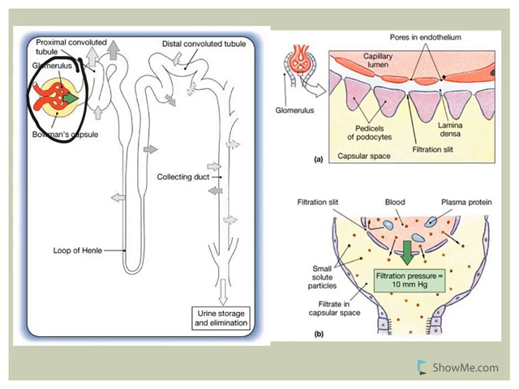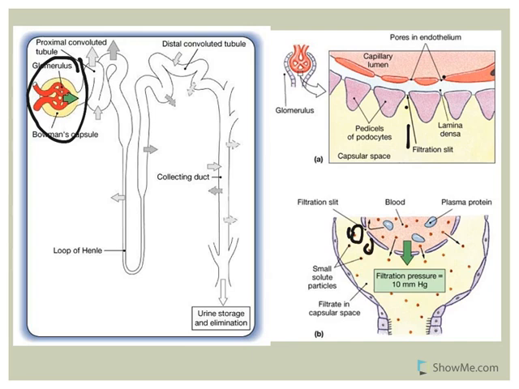Remember, the glomeruli, plural for glomerulus, are fenestrated capillaries, so you have these pores in the endothelium. Materials need to go through that, plus the filtration slits here in Bowman's capsule, and a substance called the lamina densa, and then it will enter.